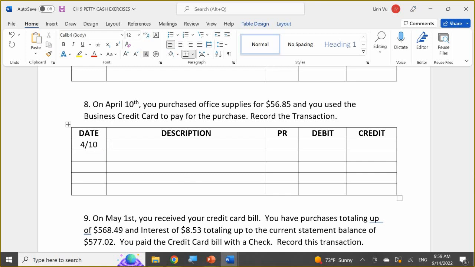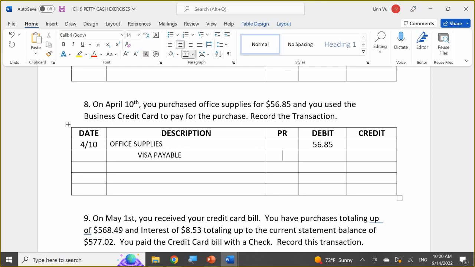So it would be office supplies for $56.85 under debit, and then it would be business credit card, whatever it's called, Visa credit card, Visa payable, whatever you want to call it.